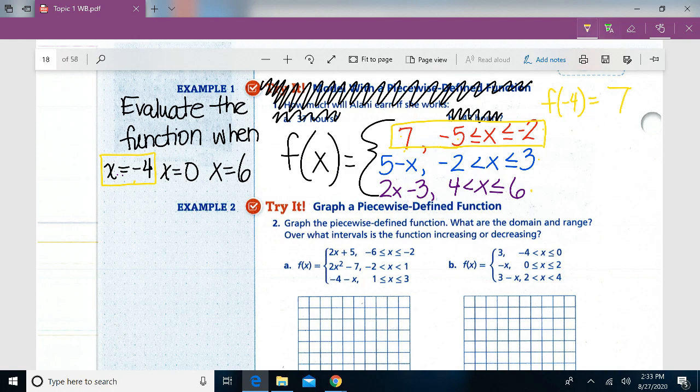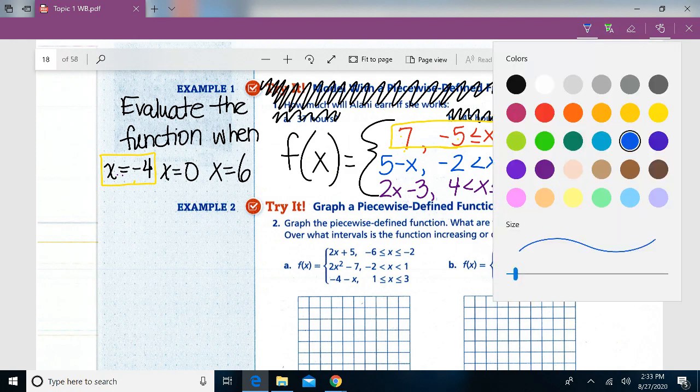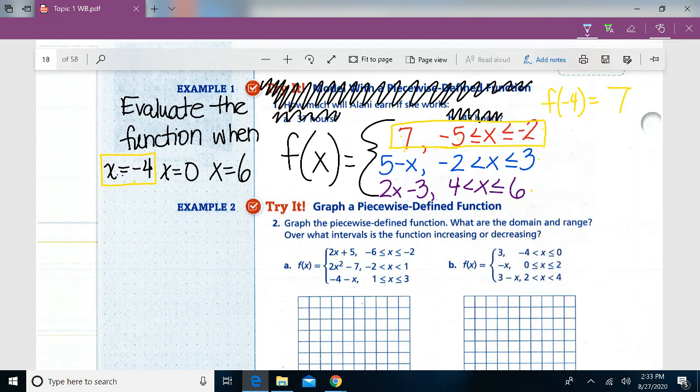The second thing I have to evaluate is the function when x is 0. So x is 0. I need to figure out from these three lines, where does 0 fit? Which category does 0 fit into? Is 0 between negative 5 and negative 2?